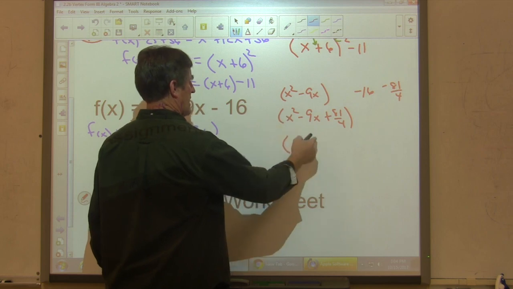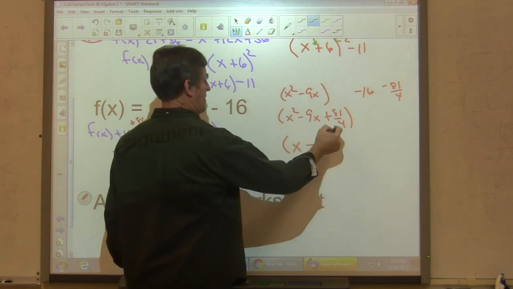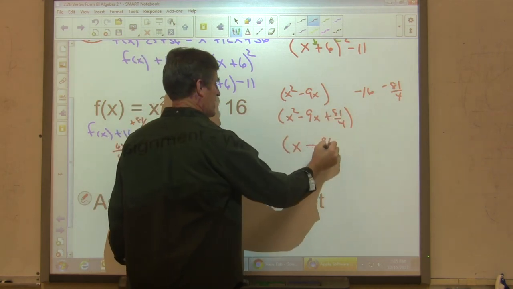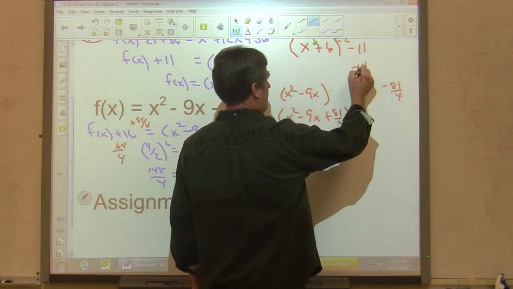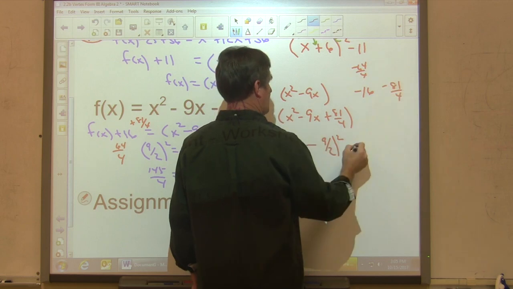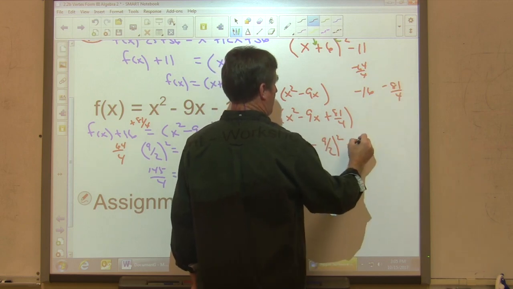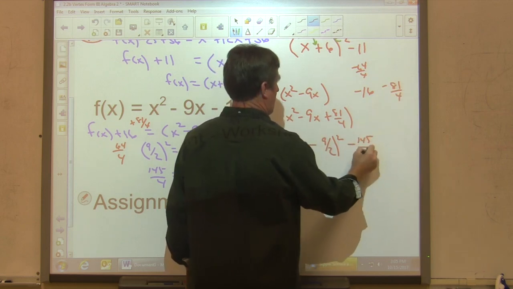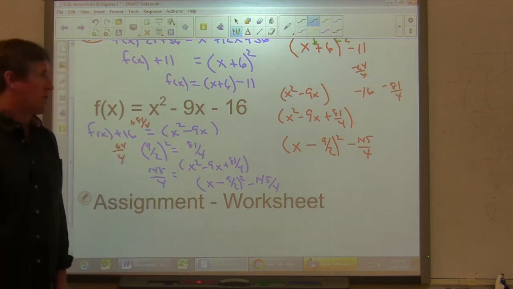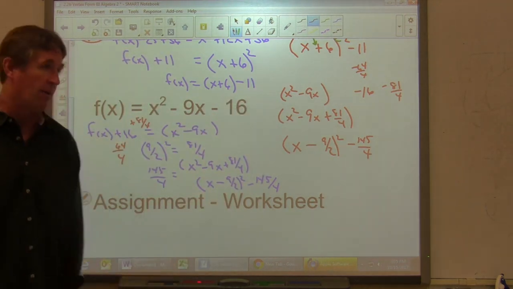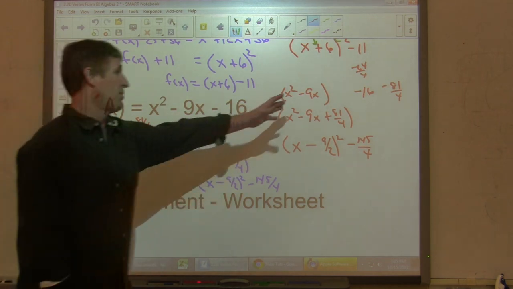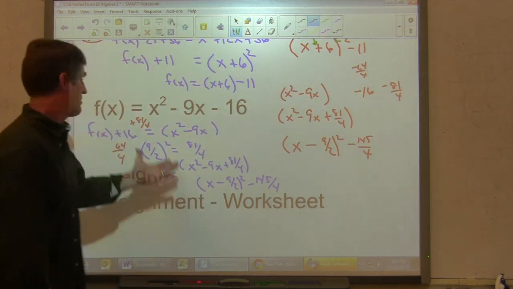X, the square root of x squared is x. The middle sign is negative. The square root of 81 fourths is 9 halves. And then again, this is negative 64 fourths. And that gives us a negative 145 fourths. So, again, whichever way seems to make sense to you, I would do it that way. It's kind of nice to keep it on one side, but it doesn't make any difference.